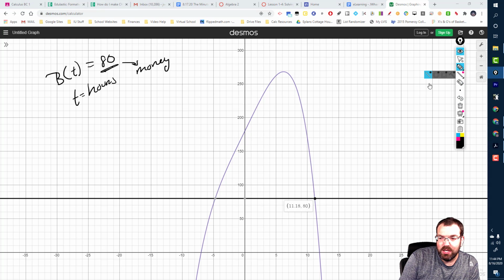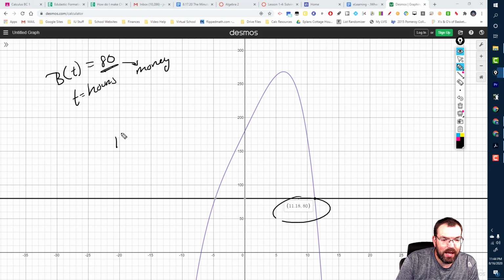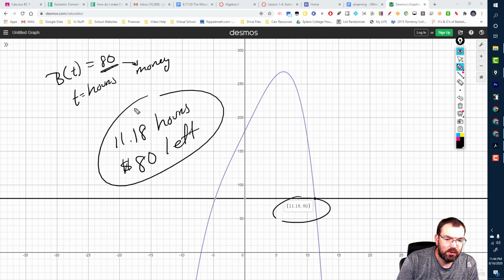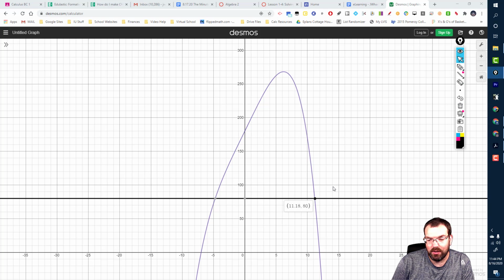So that tells me that after 11.18 hours, he has $80 left. This dude is broke as a joke. All right, that's what that line tells me. You've got to remember how to do this. This is the last time I'm showing you this kind of stuff. I'll show you some more stuff with Desmos later, but this easy stuff you've got to get to know pretty quick.